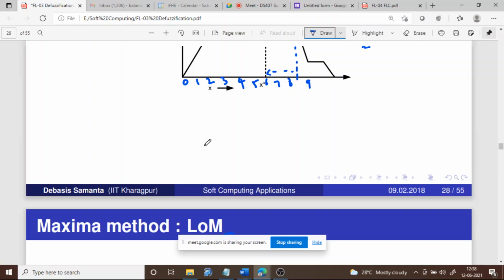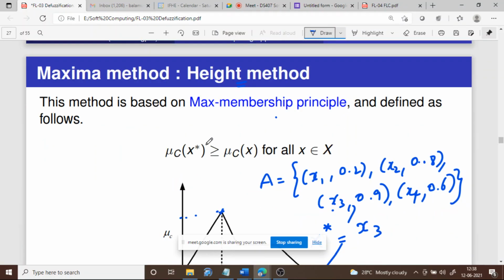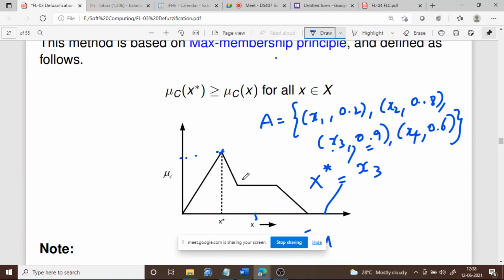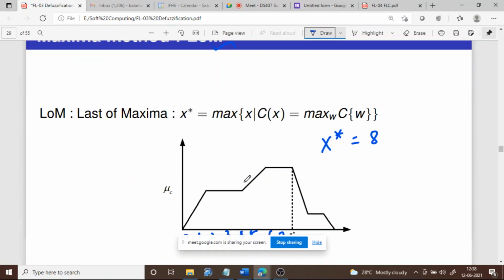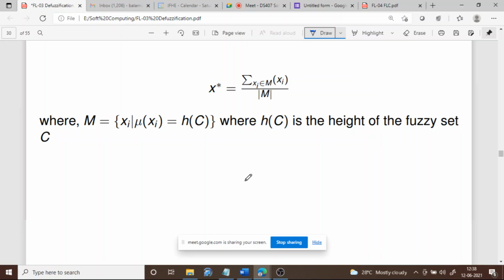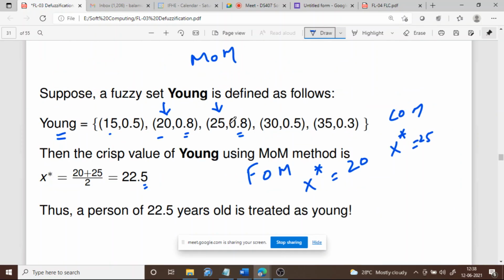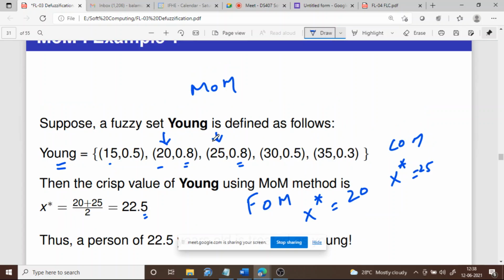Height method cannot be applied here. Please understand, height method can be applied only if there is one maximum point. In the earlier example, only for x3 there is a 0.9, and there is no other 0.9. Only in that case we can apply height method. In this case you cannot apply height method because there are two peak points, 0.8 and 0.8. So height method is applicable only when there is one maximum point.